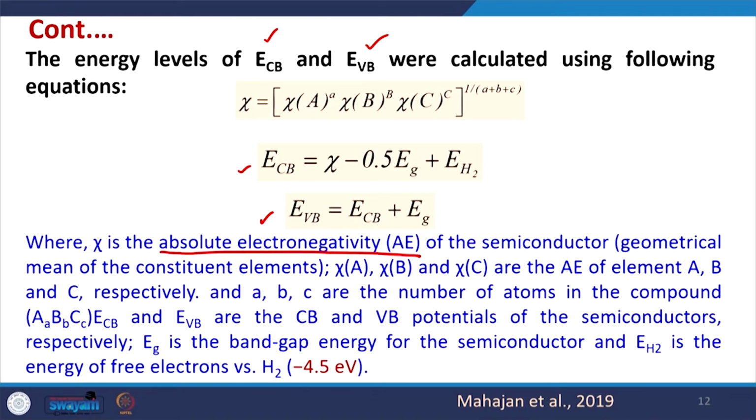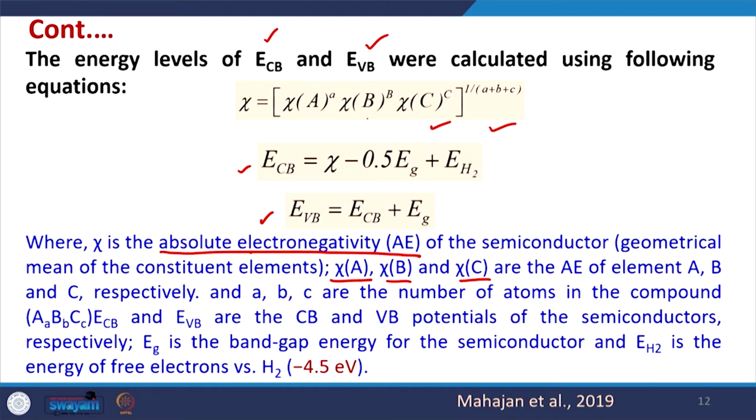This is done using this equation, and here we require the values of A, B, C, etc., the absolute electronegativity of the elements present in the semiconductor as well. Using this we can calculate the absolute electronegativity of the semiconductor.